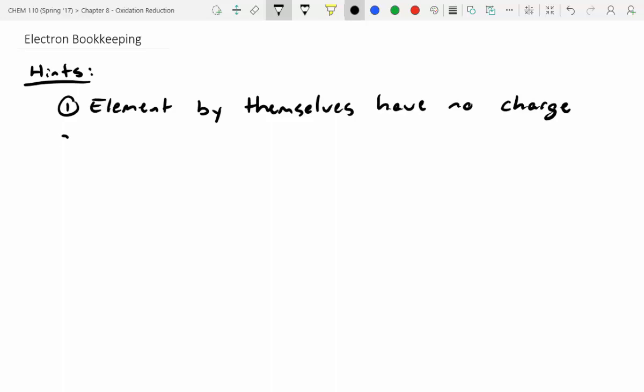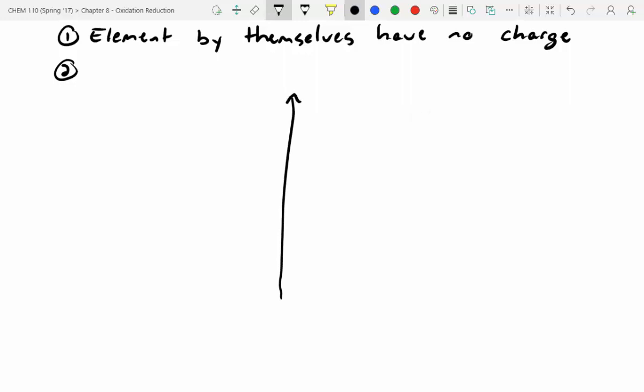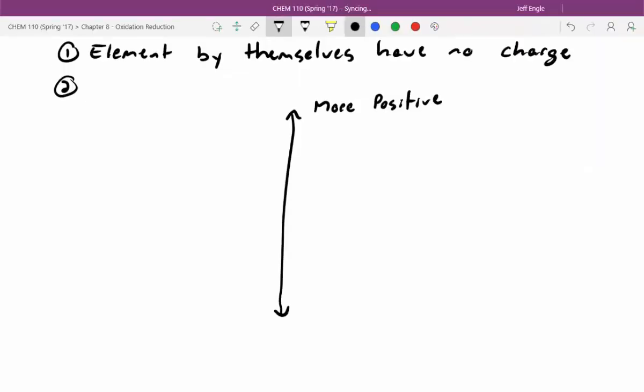The next one is you can make a really simple scale, and I'll show you guys what I like to do. Let's make a scale like this. I'll have an arrow going up. This is more positive. This is more negative. Sorry about that.